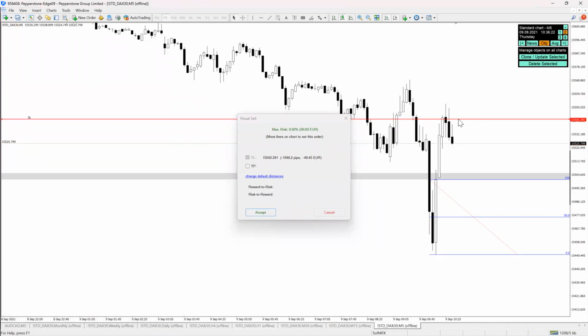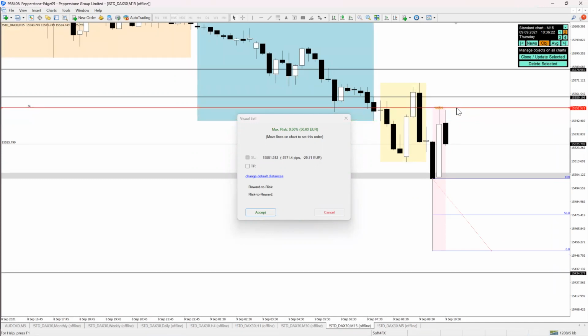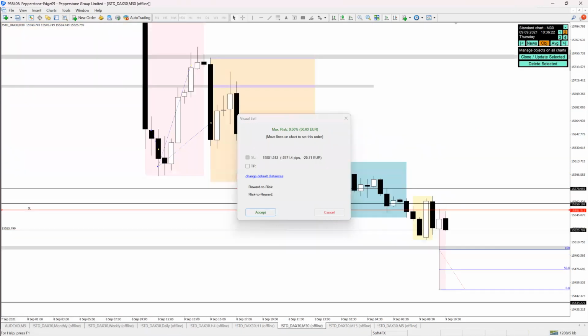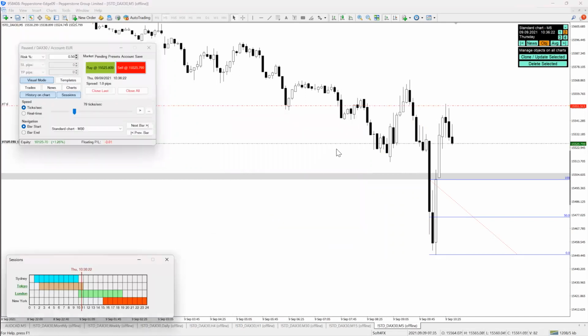So now it's a bit better. Keep stop loss above this candle, and target this wick fill. Okay.